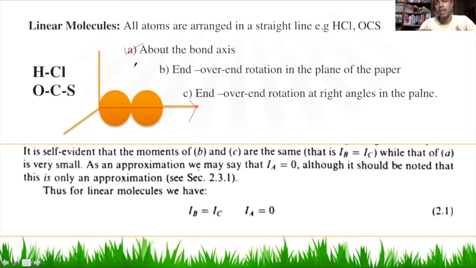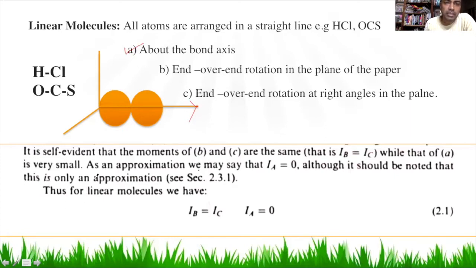If it is a bond, it will rotate accordingly, up and down, slowly again, in the plane of the paper, and this is called end-over-end rotation at right angles to the bond.